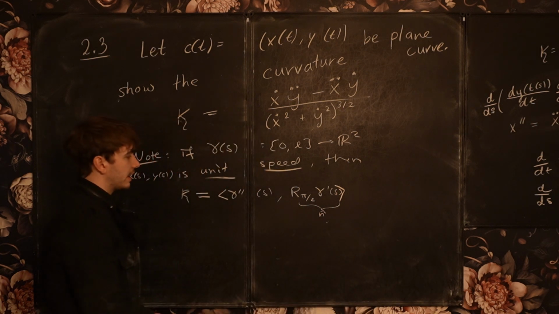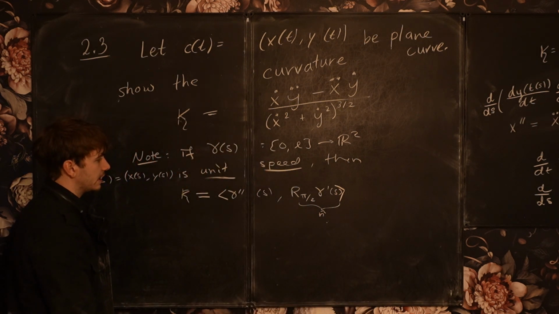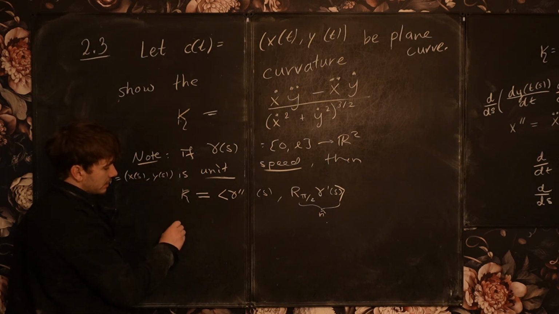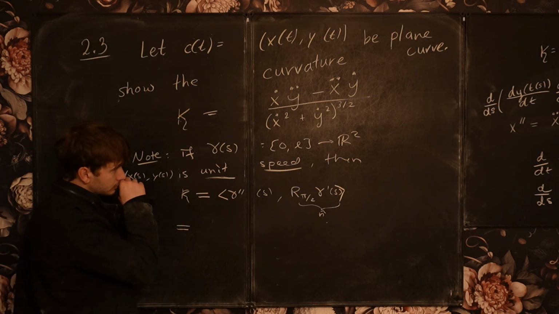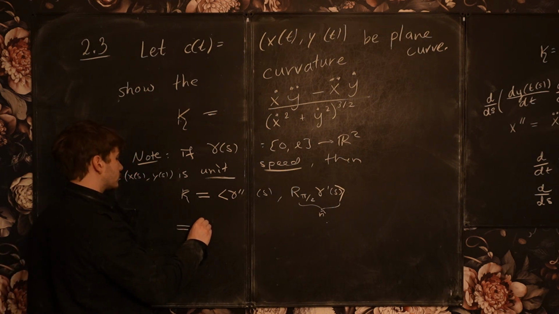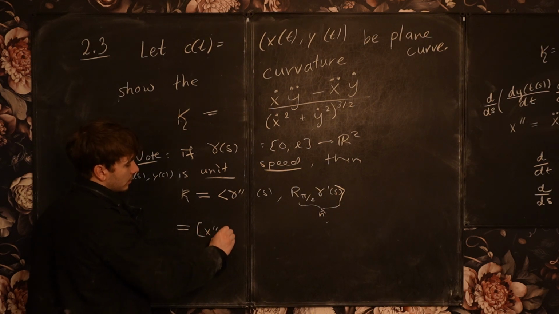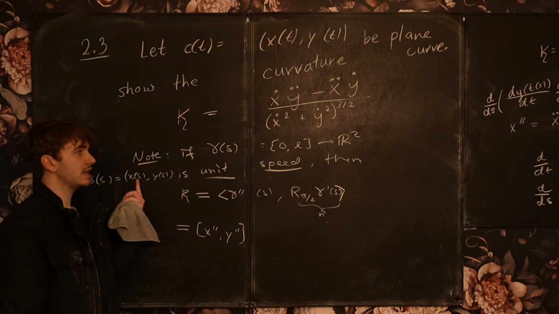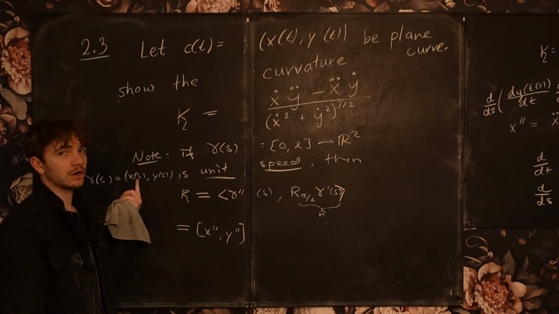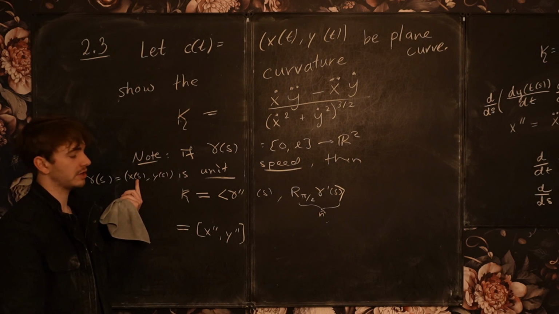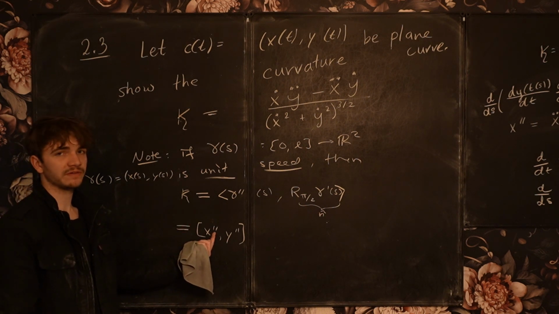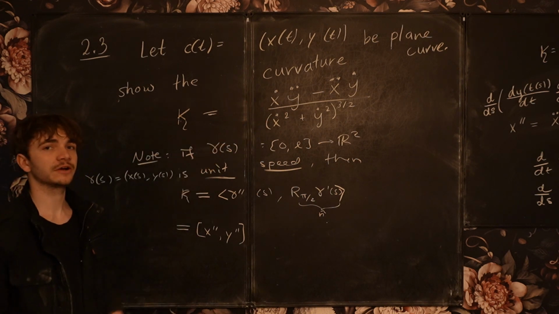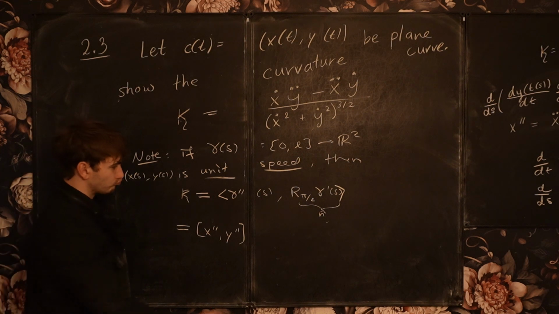All right, so we showed in the previous problem, we're just going to do it quickly again, that this curvature has a very specific form. So gamma double prime is just x double prime, y double prime. Now notice the primes are derivatives with respect to s, and s is the arc length parameterization, or the unit speed parameterization. So prime derivatives are derivatives with respect to s, and dot derivatives here are derivatives with respect to t.